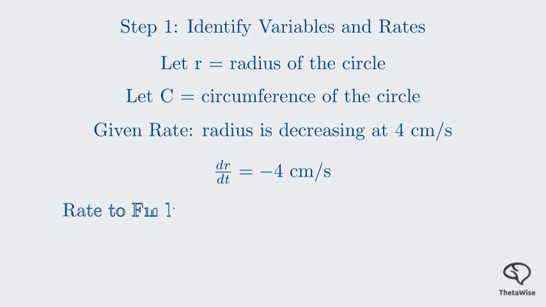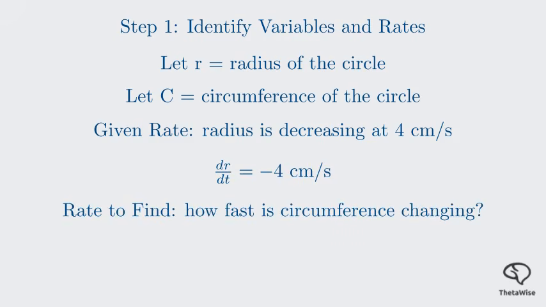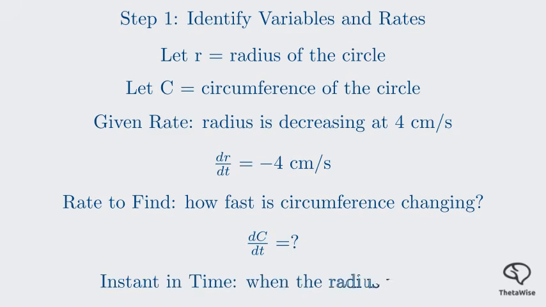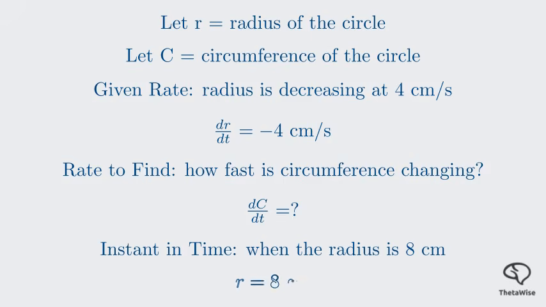We are asked, how fast is the circumference changing at a specific moment? This is the rate we need to find, so our goal is to find dC/dt. This change is happening at the moment when the radius, r, is exactly 8 centimeters.